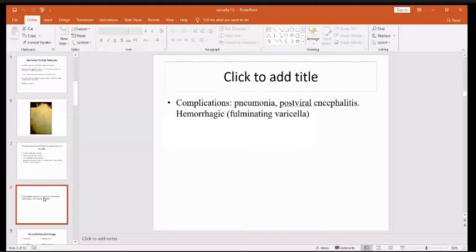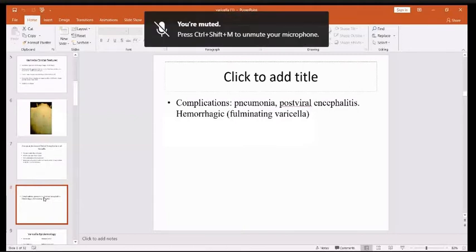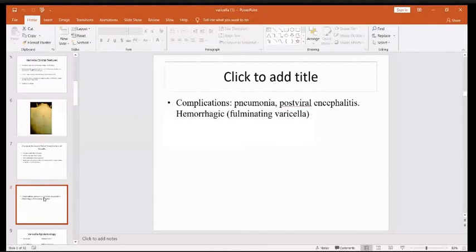So for the summary, humans are considered as the only reservoir, and transmission is by droplet infection, that is the respiratory droplets, or direct contact with the lesion. And the infection is commonly in winter season, late winter or early spring. And transmission of the infection can occur before and after the appearance of the rash.